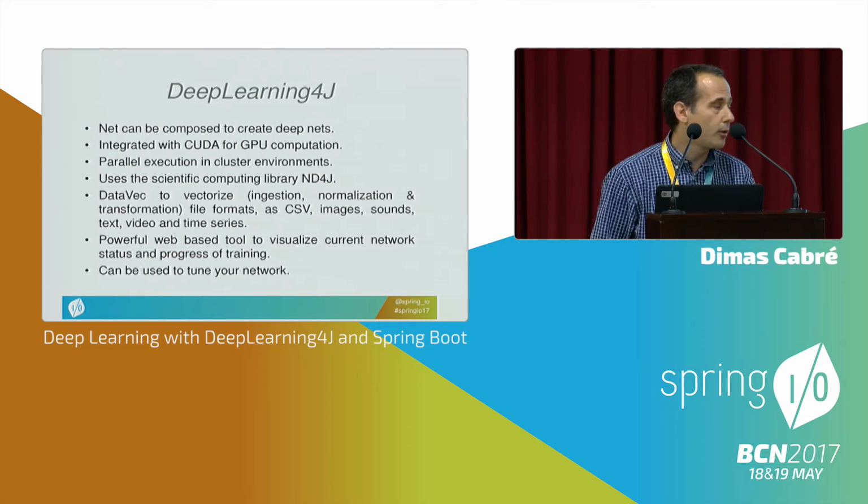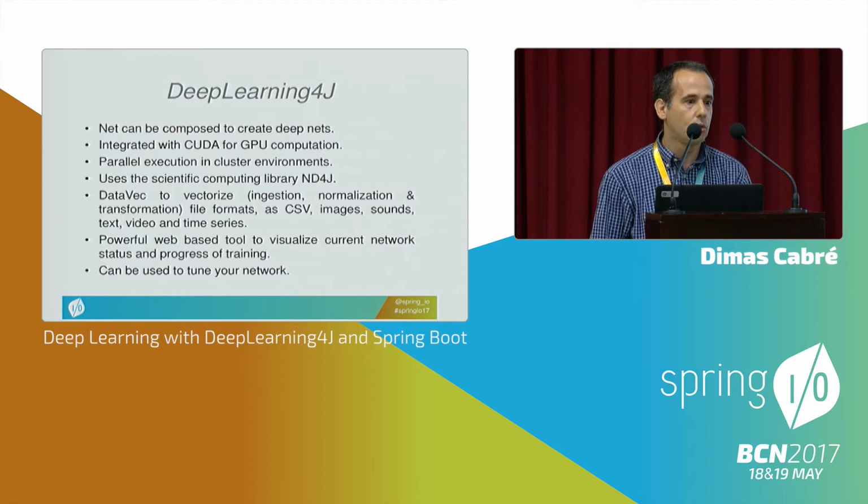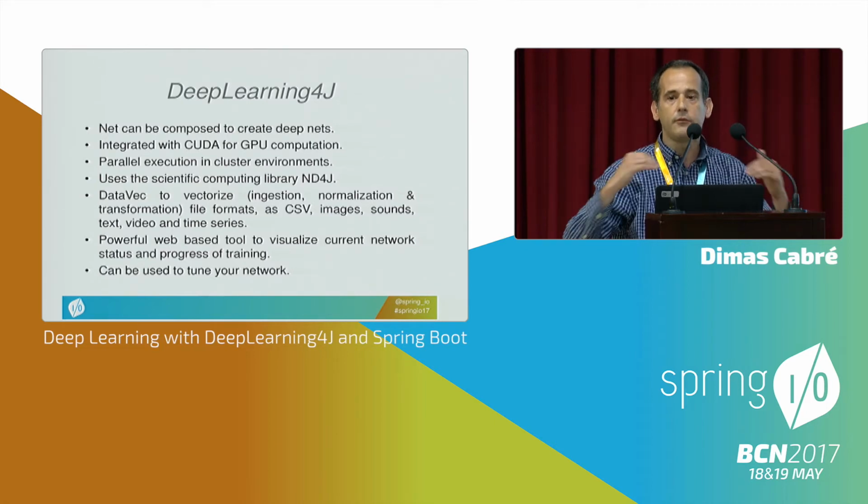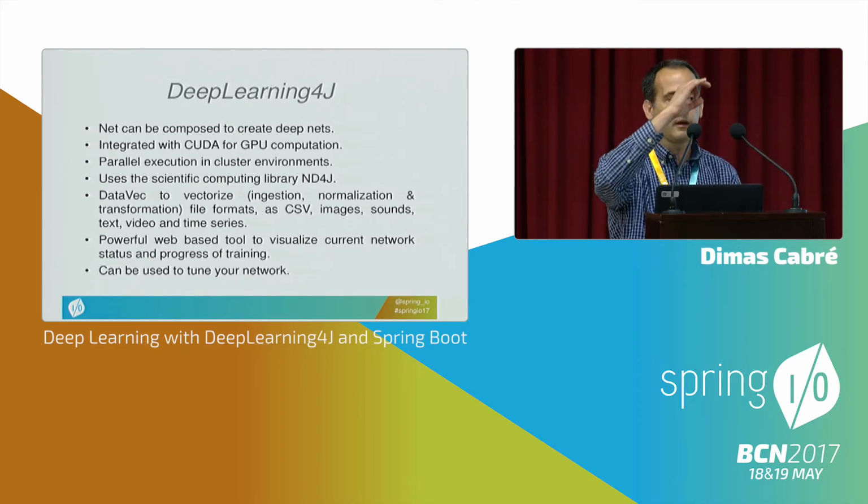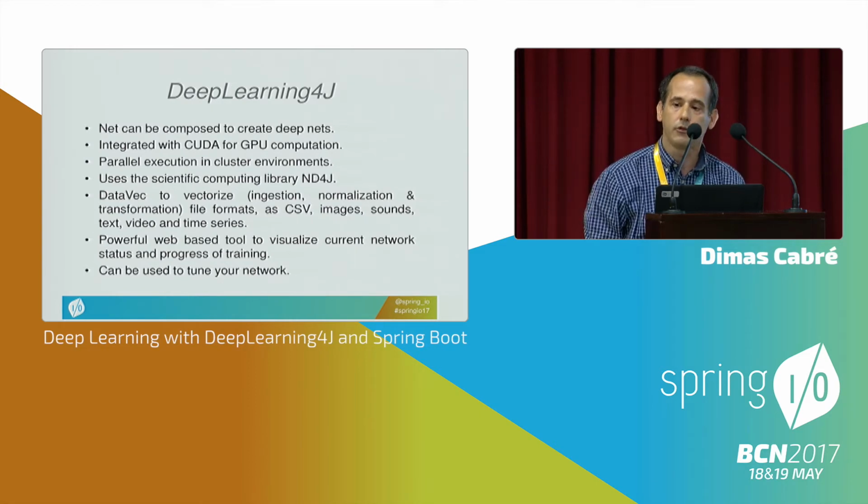One of the other problems that you need to solve when working with machine learning is how you encode the information that you want to treat as a data set to be processed by your neural network. You have images, sounds, videos, whatever, and you need to encode this information in a way that, if you remember, for instance, in a convolutional network, you need to represent the information in some way where you can make reasonable sums over areas of this information.